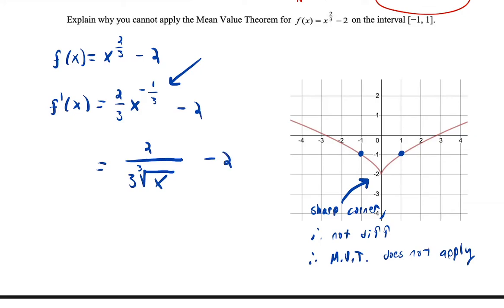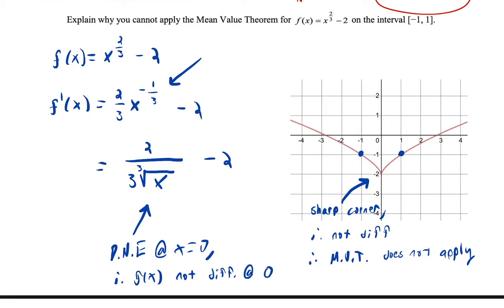And so the problem here is that we know this derivative does not exist at x equals 0, right? Because you cannot divide by 0. It's a divide by 0 error. So if f prime doesn't exist at 0, then f is not differentiable at 0. So you can get it with a graph. You can get it with a function. There are places where the mean value theorem does not apply.